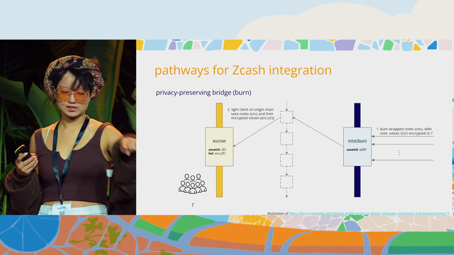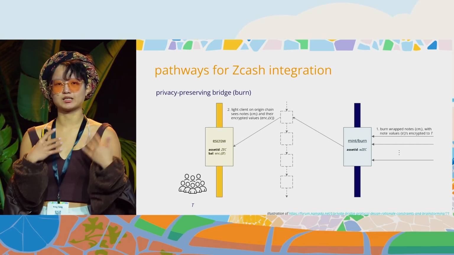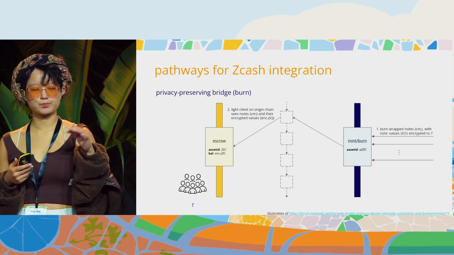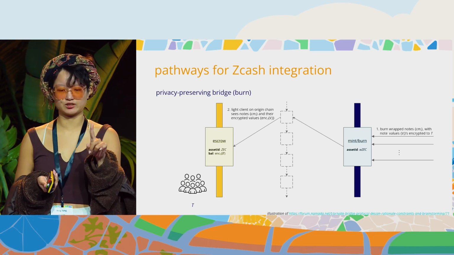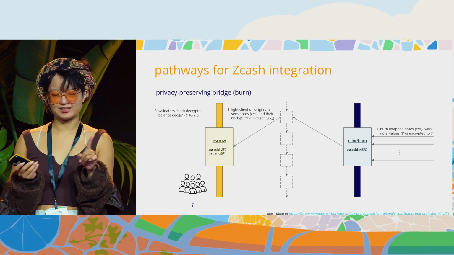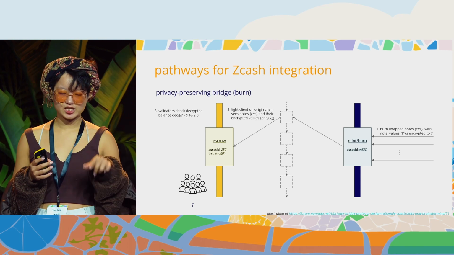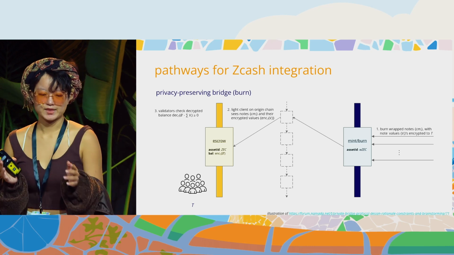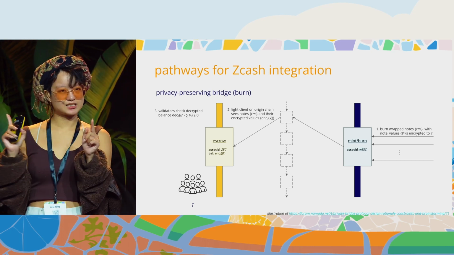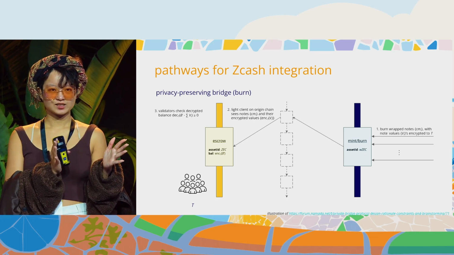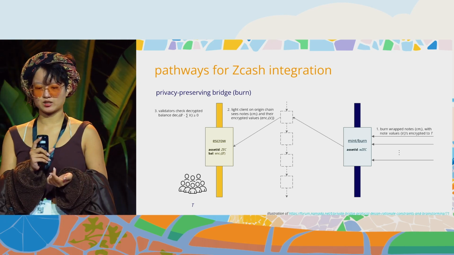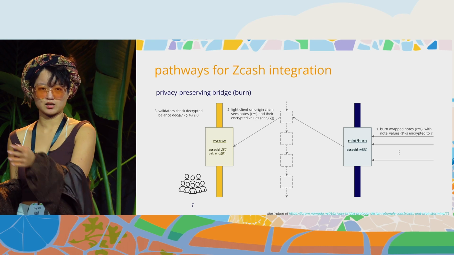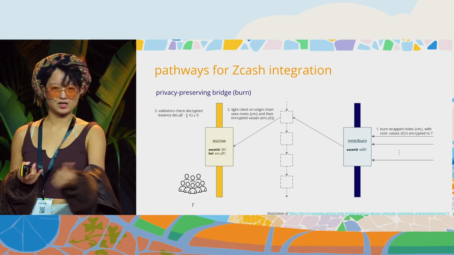And then the Zcash chain is also running an ANOMA Lite client. And once they're convinced of the inclusion of these burnt notes, and here's why we need the threshold validators, they're going to check that this invariant is conserved: that the amount burnt on ANOMA does not exceed the amount escrowed on Zcash. This guards against the situation where the foreign chain becomes Byzantine and tries to increase the Zcash supply using this bridge.